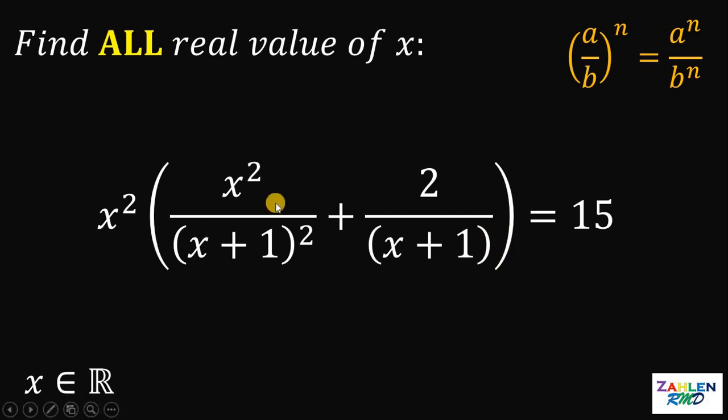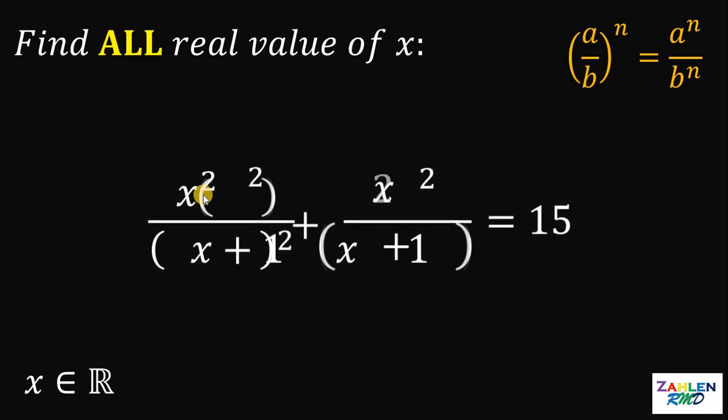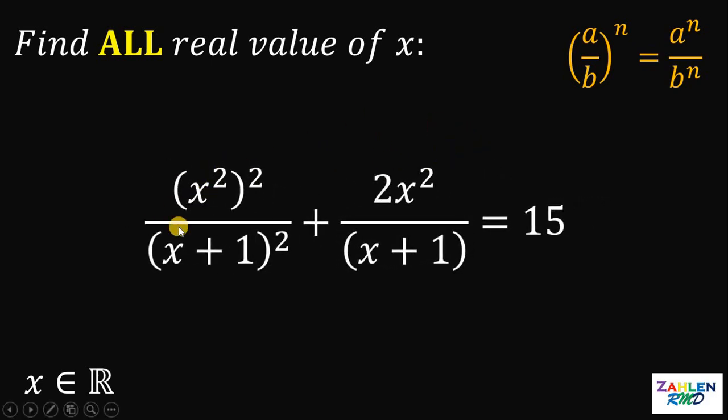Now, what will happen if we multiply this x squared to the terms inside the parentheses? This will give us (x squared) quantity squared over (x plus 1) quantity squared plus 2 times x squared over x plus 1. And now, using this identity again, but in reverse, if we have a raised to n over b raised to n, it is equivalent to (a over b) raised to the power of n.